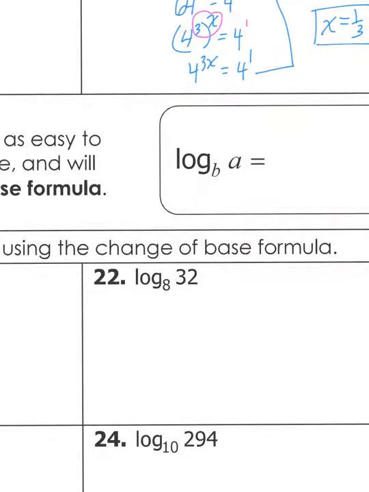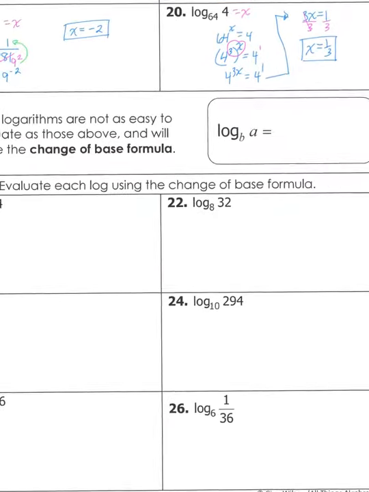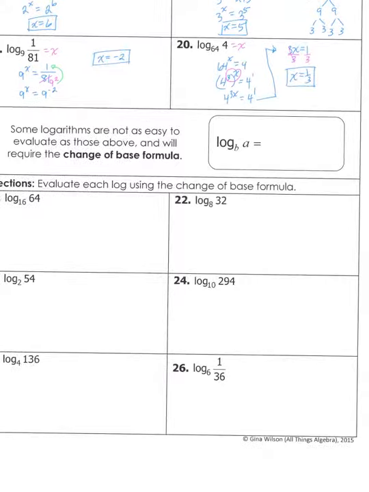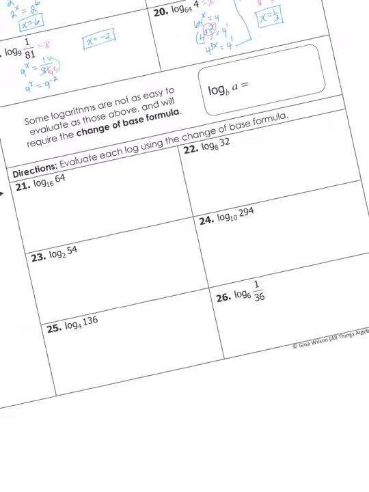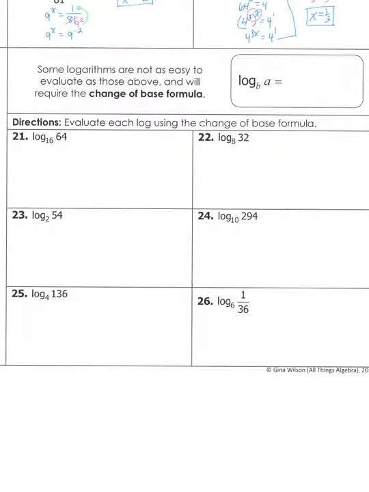All right, so change of base. Change of base is used when you cannot get like bases. Let's look instead at number 23.